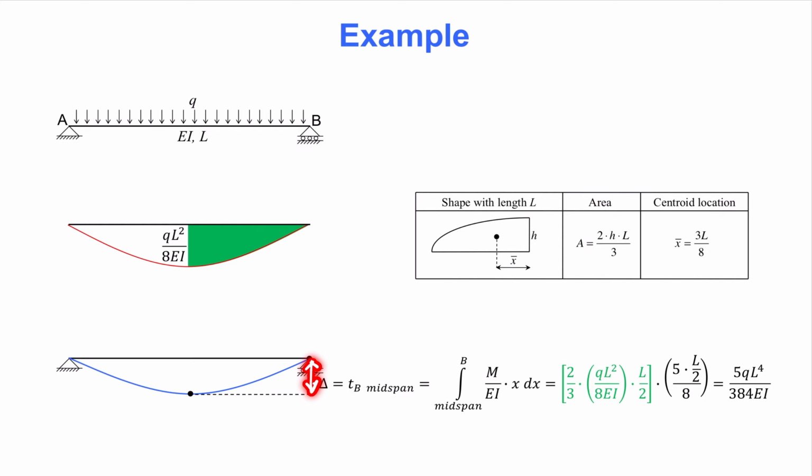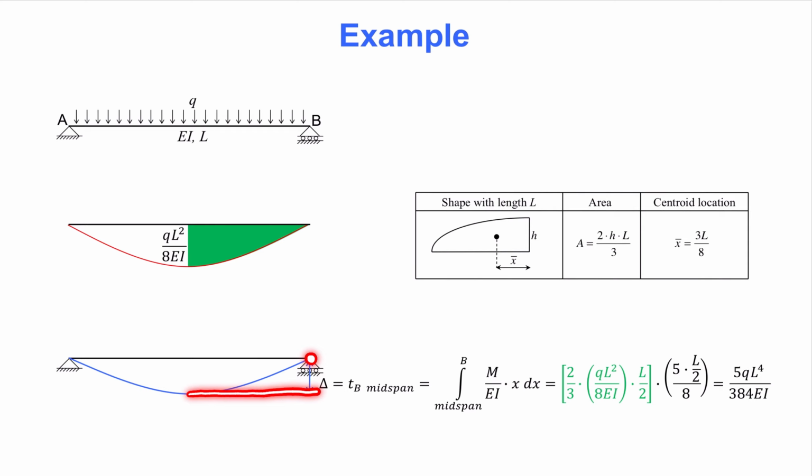We will soon calculate the value, but notice what we just did. We identified the distance between a tangent line and the beam itself at a particular location. This is how we apply the second theorem. In other words, this is how we use the formula that was derived on the previous slide. We identify the distance between a tangent line and the beam itself.